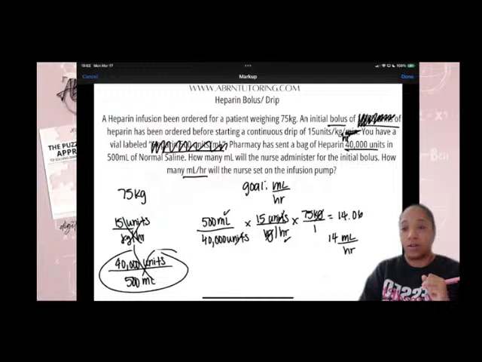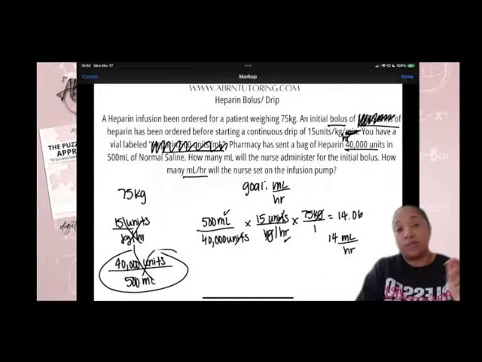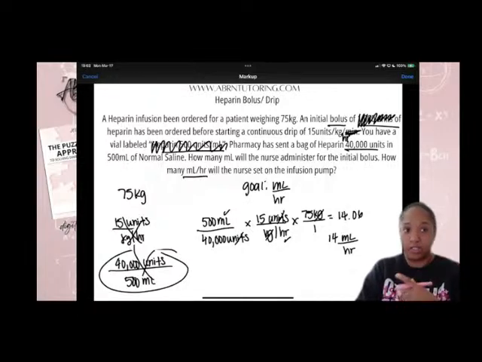Okay? So you just remember on these to keep the bolus with the bolus, keep the drip with the drip. Bolus just means that that's an initial dose. That's a one-time dose that you're going to be given. Any questions about it?